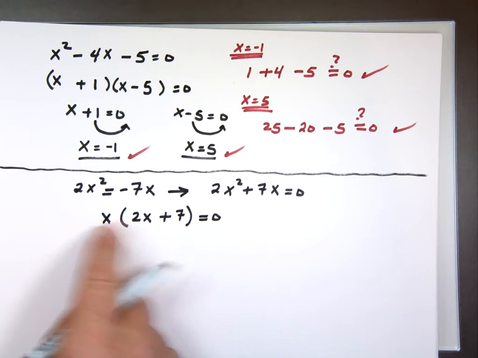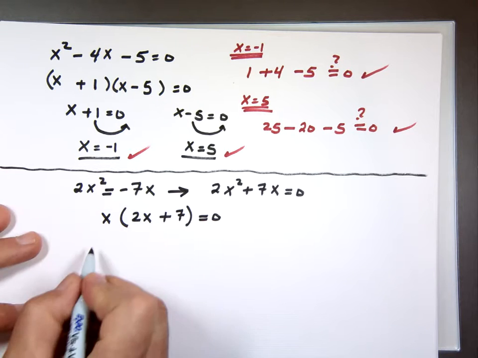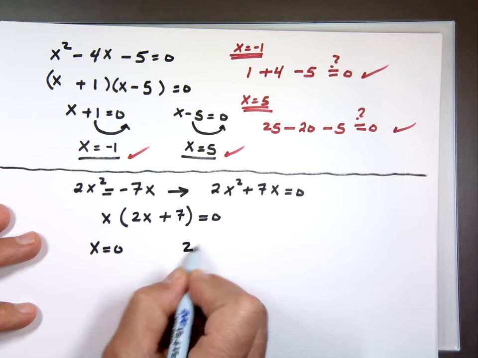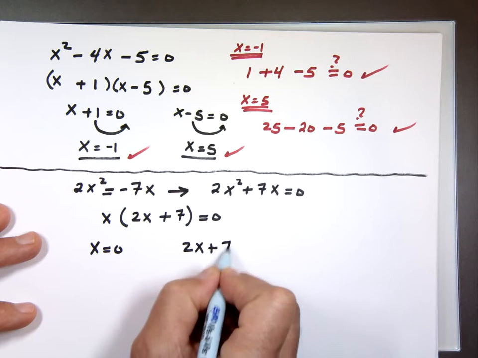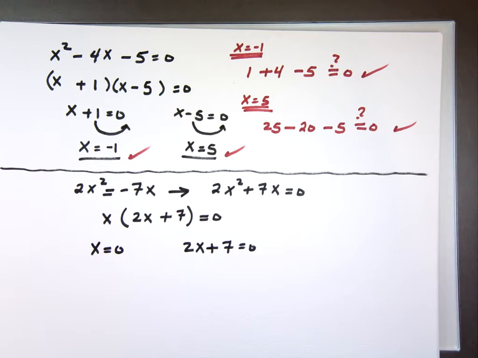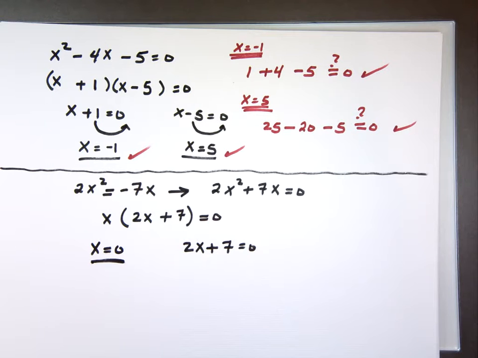Again, I'm multiplying two things, my answer is 0. That means one of them has to be 0. Set each factor equal to 0 and solve it. There's nothing to do to this one, it's already done. It says x equals 0.